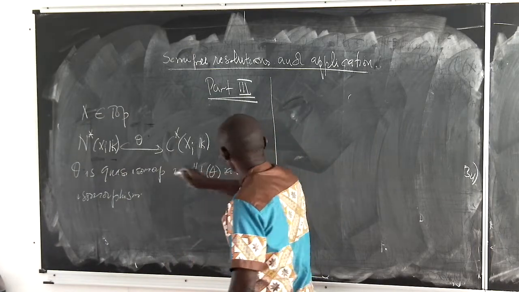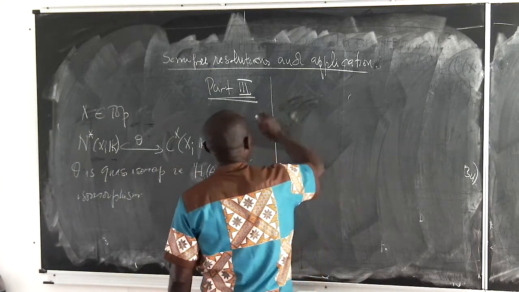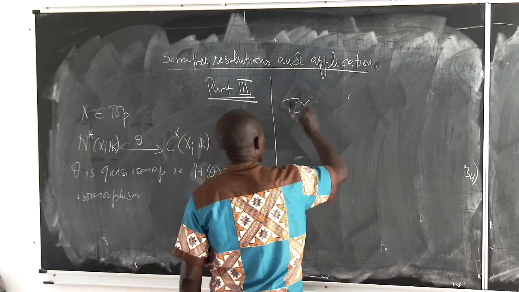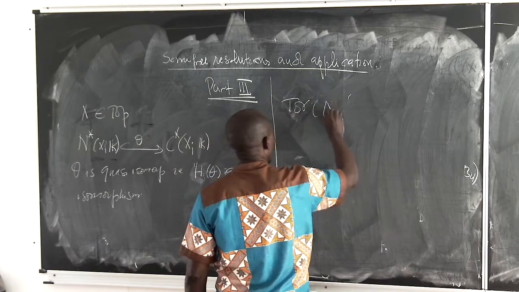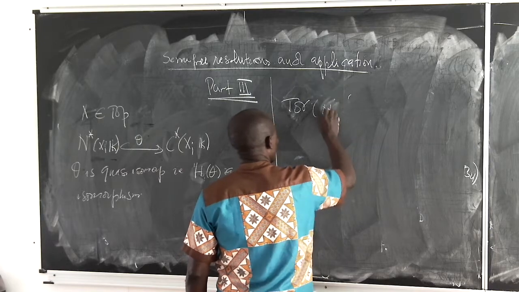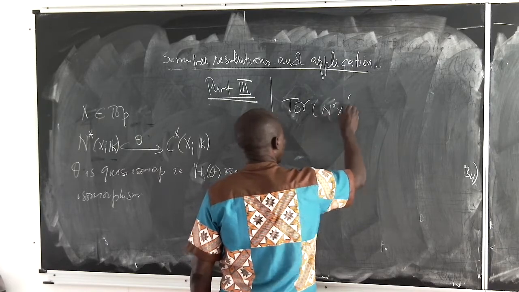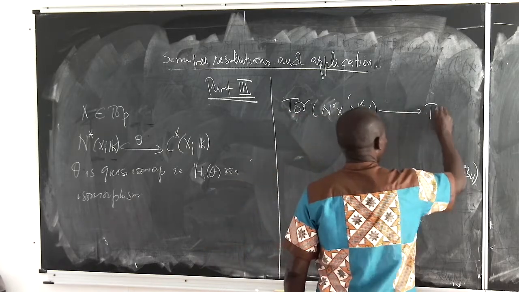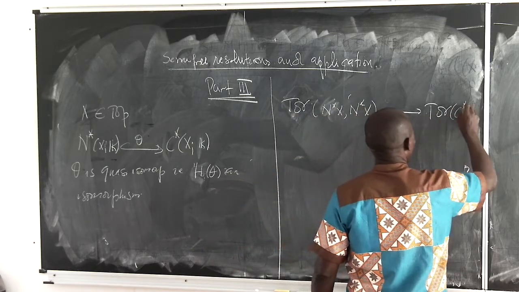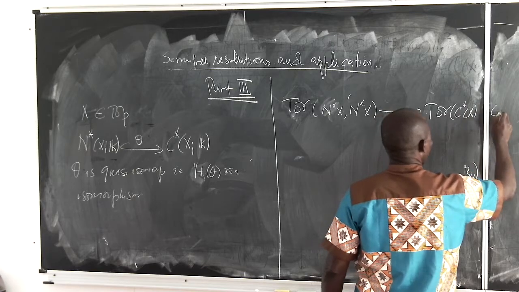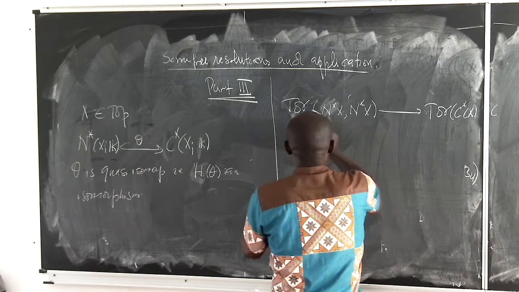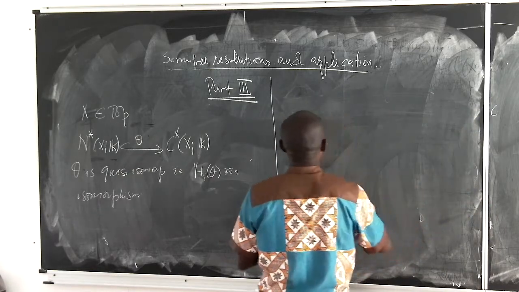So by using this map, we have this relation. It will be better that I should write it vertically.